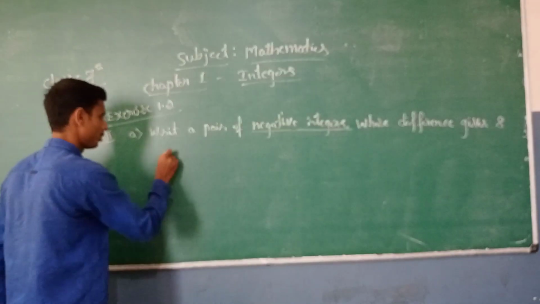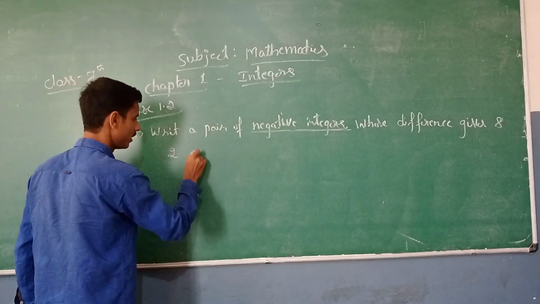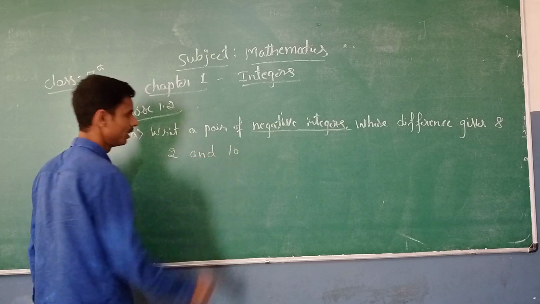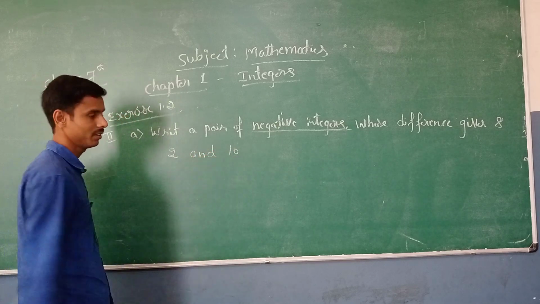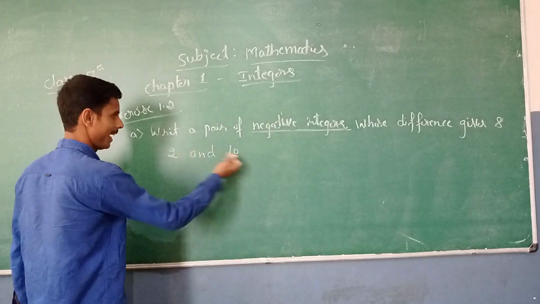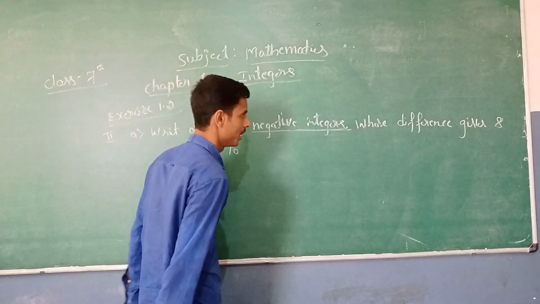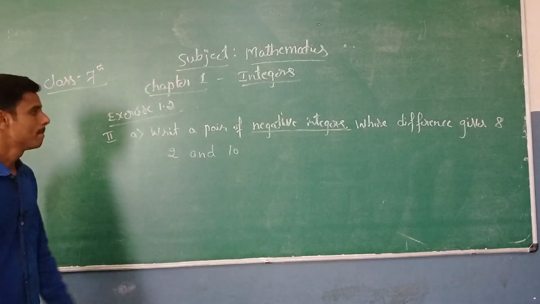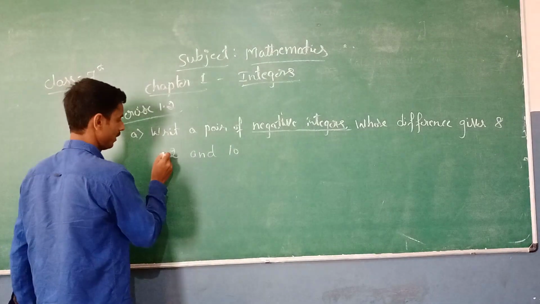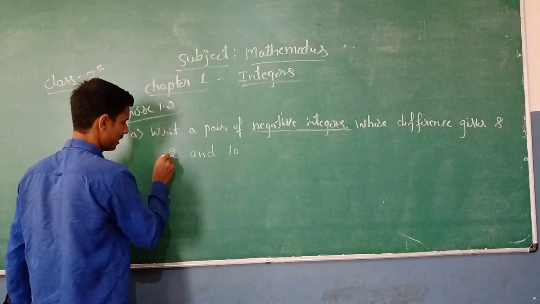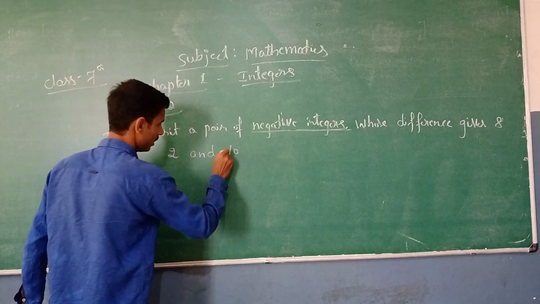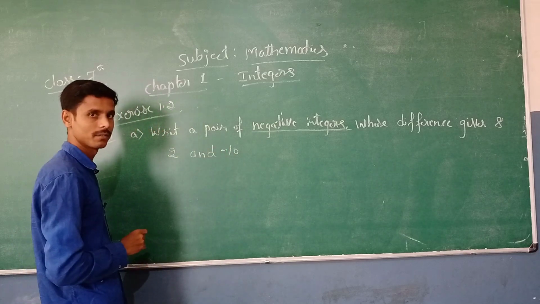Clear? So 2 and 10. What is the difference between these two? 8. The difference is 8. So how to put the sign? If we write plus 2 as it is, and make this one minus, okay?